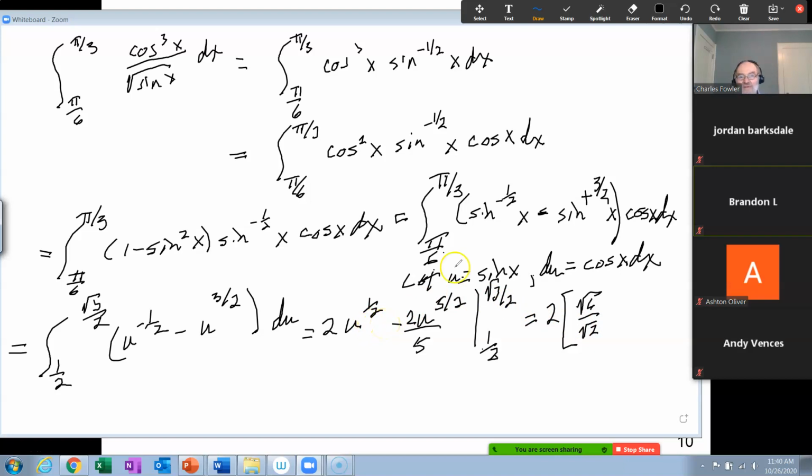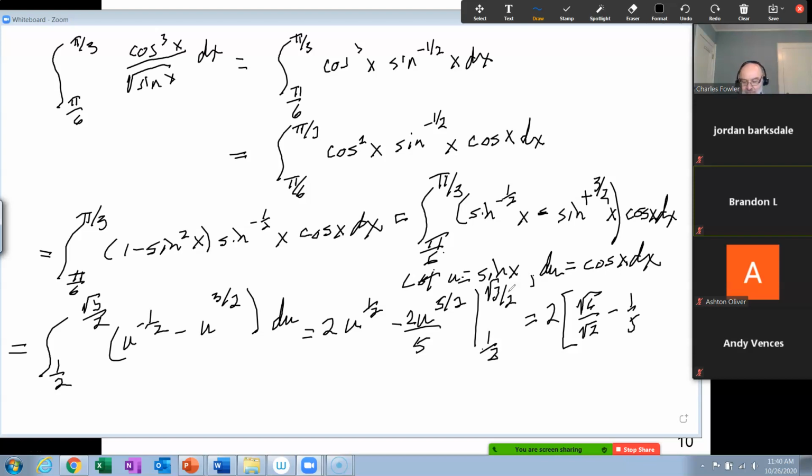My head's not running well today. Let me think. The square root of 3/2 raised to the 1/2 power. Yeah, I think I did it right. Okay. Minus, I factored out the 2, and this would be 1/5 times this one here. Boy, this is just messy.